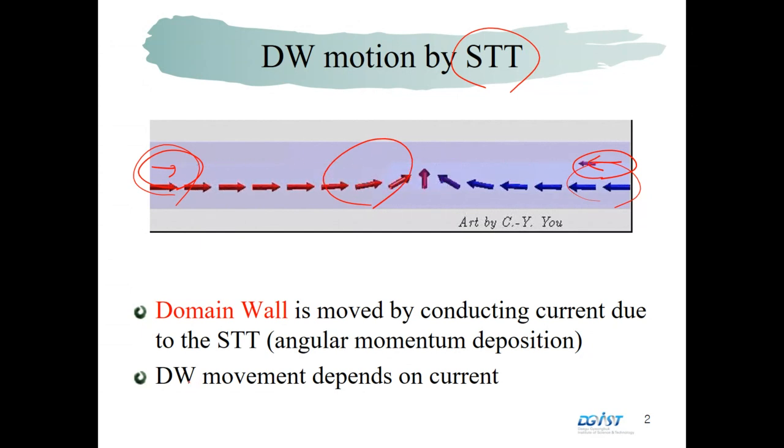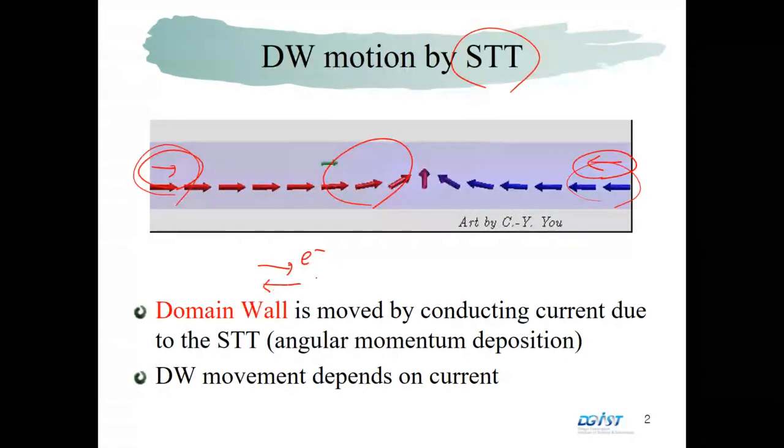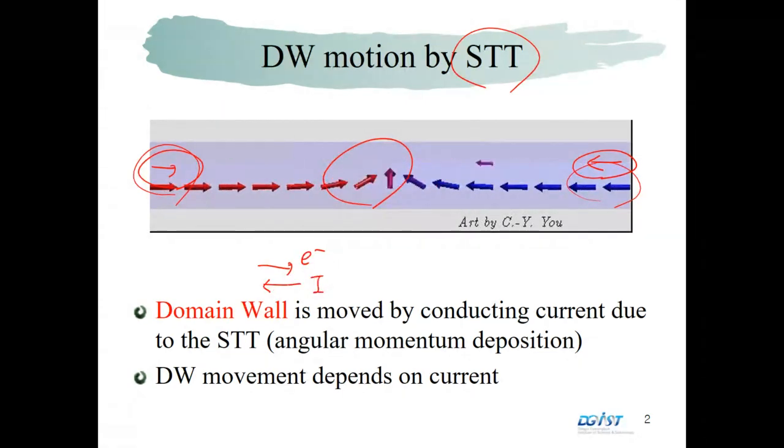In this case, the moving direction of the domain wall is proportional to the electron flow direction, not the current direction. Actually, the direction of the electron is this way, and the direction of the current is defined the other way. So sometimes it's confusing, but anyway, the domain wall can be moved by the current. That's the basic principle.